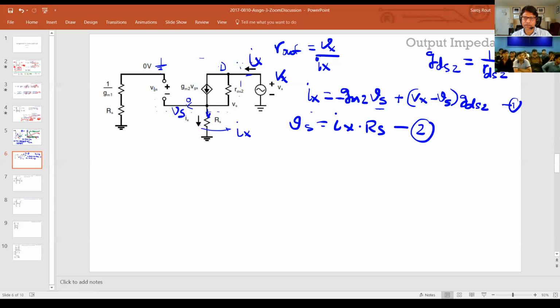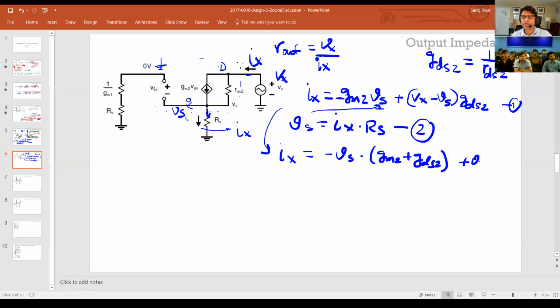So if you substitute this Vs over here and rewrite the first equation, you're going to get Ix equals minus Vs times (GM2 plus GDS2) plus Vx times GDS2.